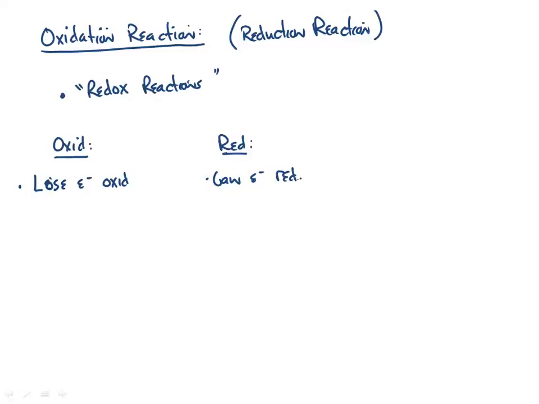And the way I remember that is Leo the lion goes GER. Because I got to be honest, this is one of those 50-50 things in life. You're either gaining or losing electrons. And so it's very easy to get them mixed up. But if I remember Leo the lion goes GER, it's easy. Because if I lose electrons, I know I'm being oxidized. And if I gain electrons, I know I'm being reduced.